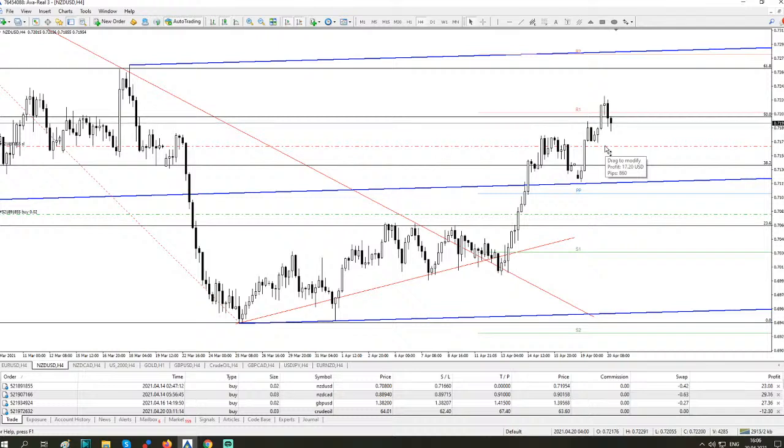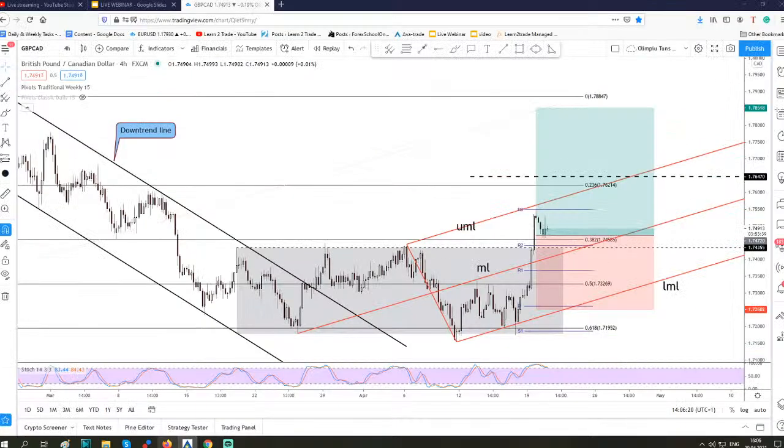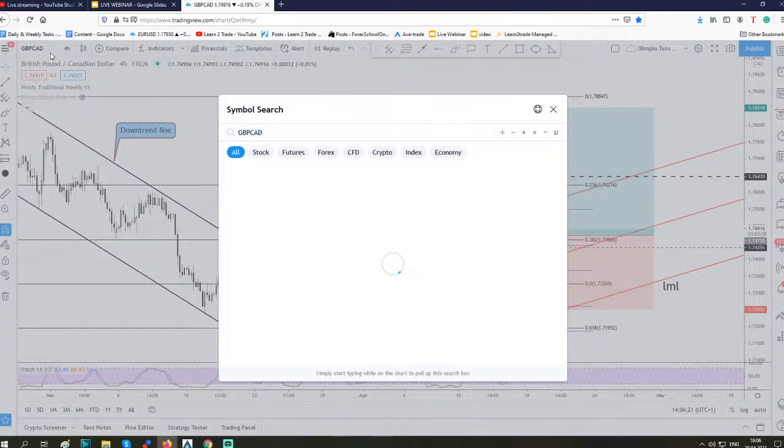So even if the price drops and we reach this stop loss, then our long position will close with 86 pips in profit.